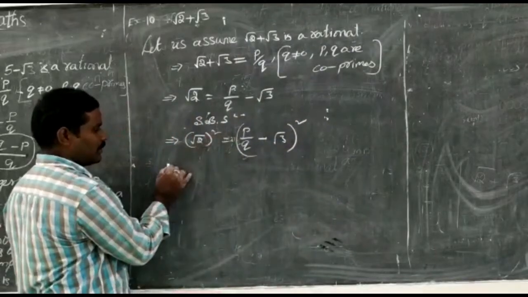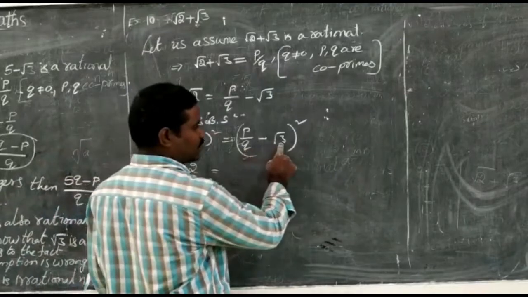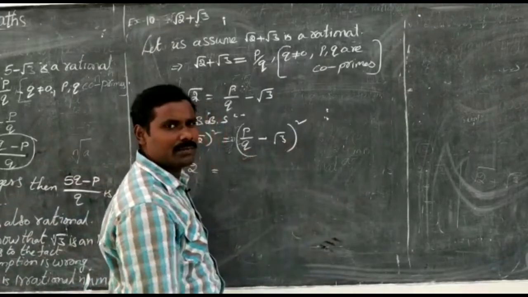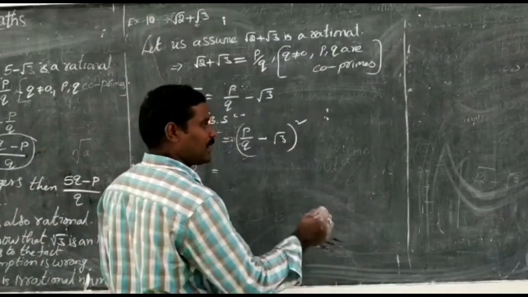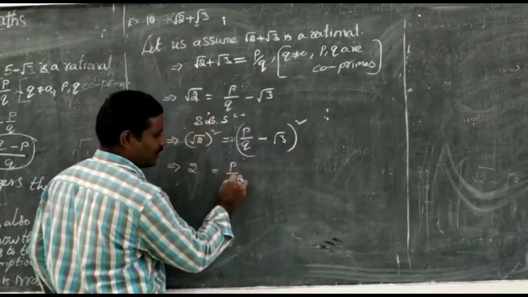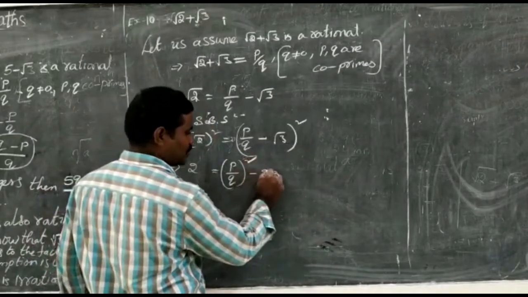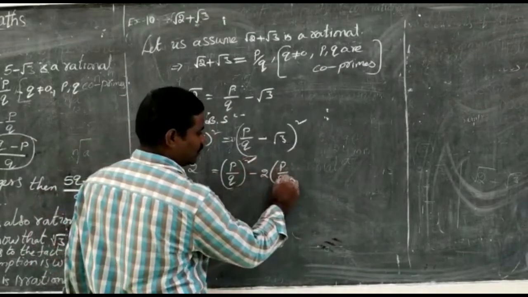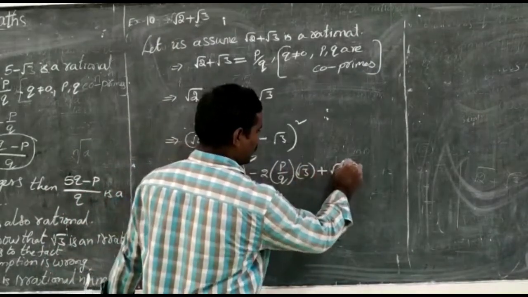The square root will be cancelled, we get just 2. Now it is (a minus b) whole square. What is the formula? a square minus 2ab plus b square. Applying that formula: p by q whole square minus 2 into p by q into root 3 plus root 3 whole square.